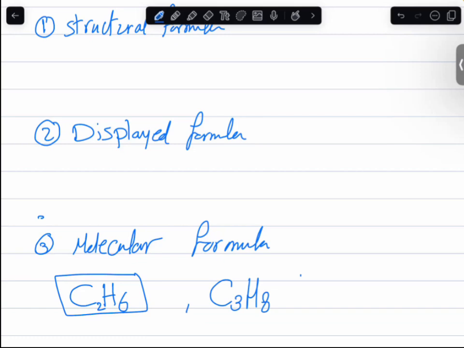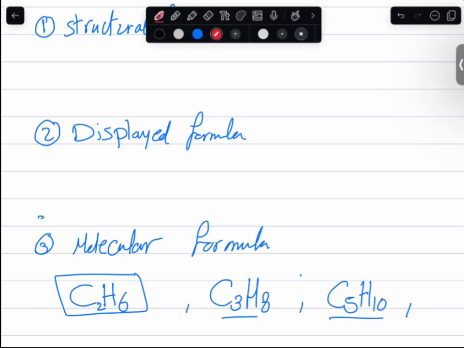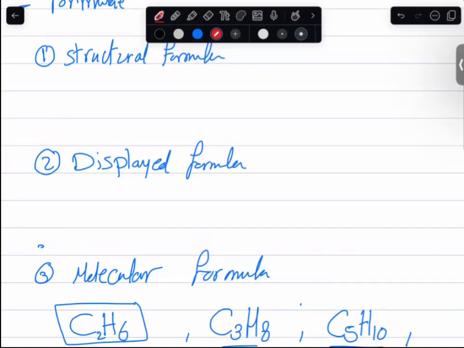C3H8 is a molecular formula. C5H10 is a molecular formula. So the molecular formula consists of the whole carbon atoms and the whole hydrogen atoms.